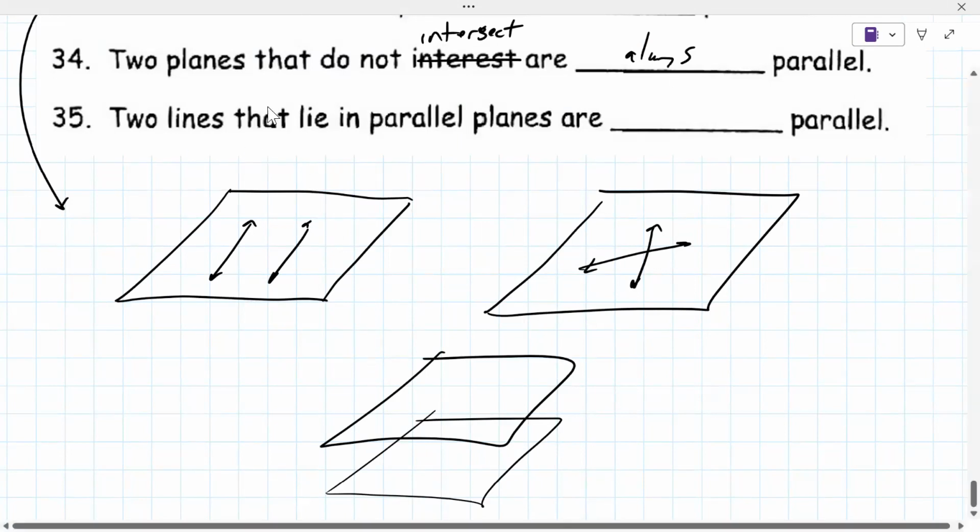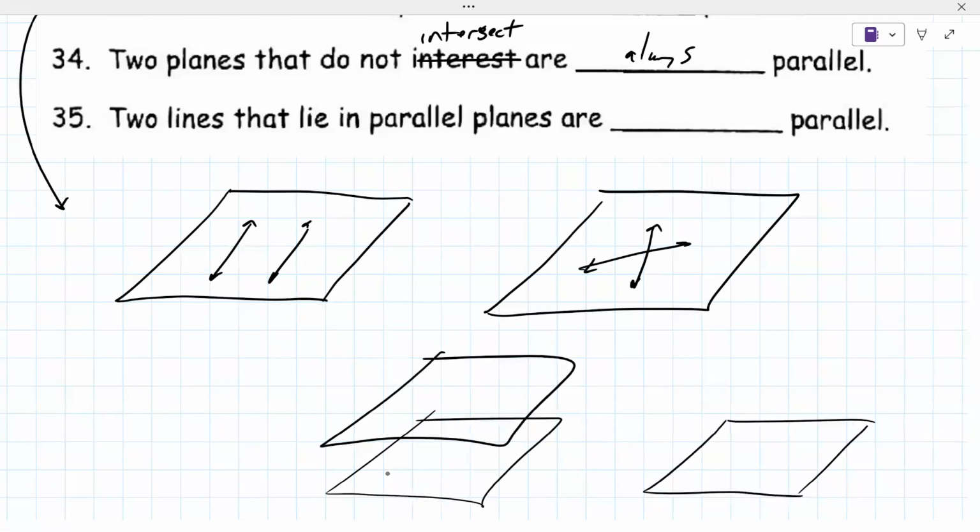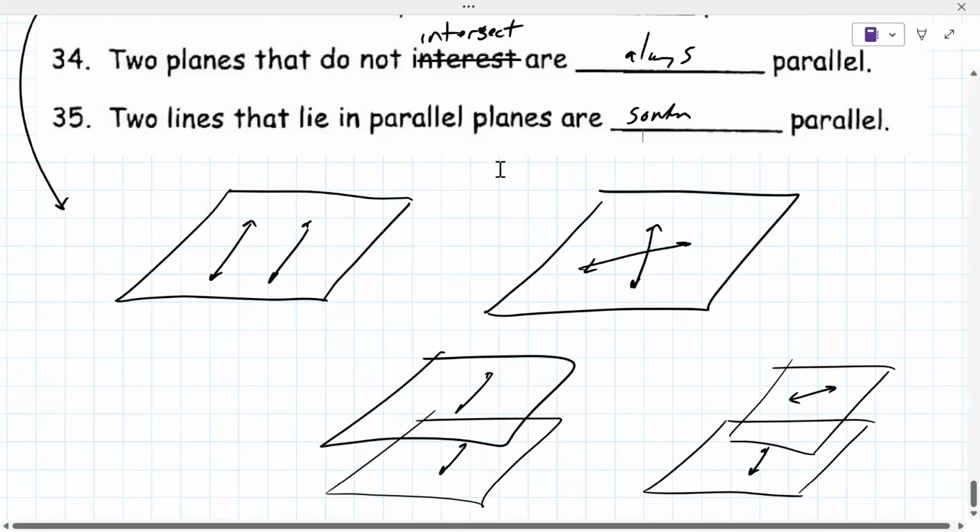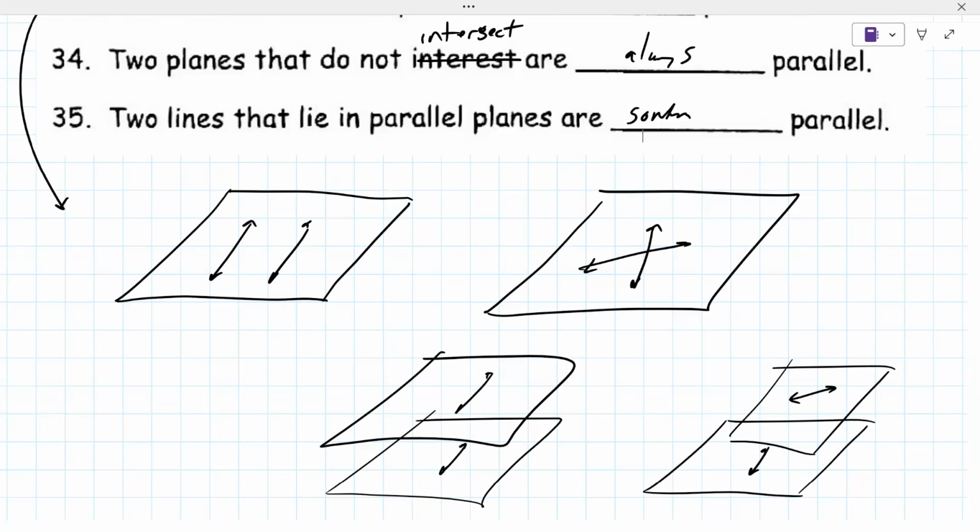Okay. Last one here. Two lines that lie in parallel planes are... It's kind of this picture here, but there's a couple of possibilities. Sometimes. Sometimes, yeah, because they could be parallel, but they could also be not. So you should probably always start with sometimes and see if it's really hard to find a contradiction, things like that.